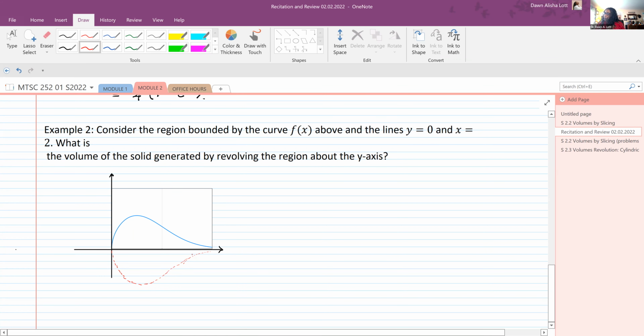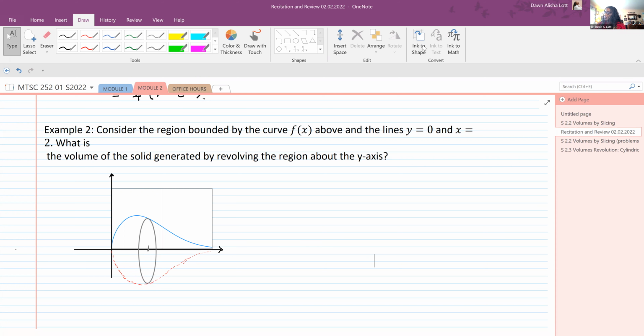That's not bad. Okay, so that means when I pick any x, here's my x, when I revolve this thing, I'm going to get a disk, as you can see. There's my disk.